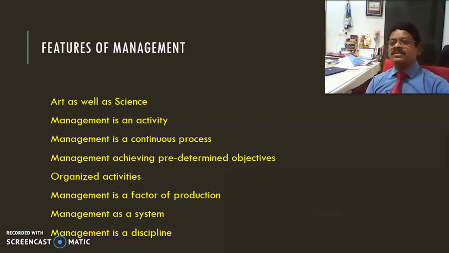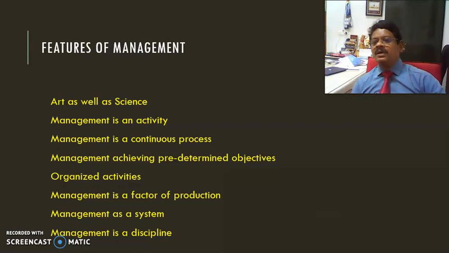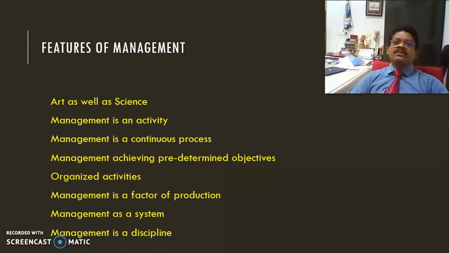So management is a kind of factor of production. You can see that management is a tool which is used in organizations to handle or deal with the various resources. Management is also considered a system. You'll find systems and subsystems.